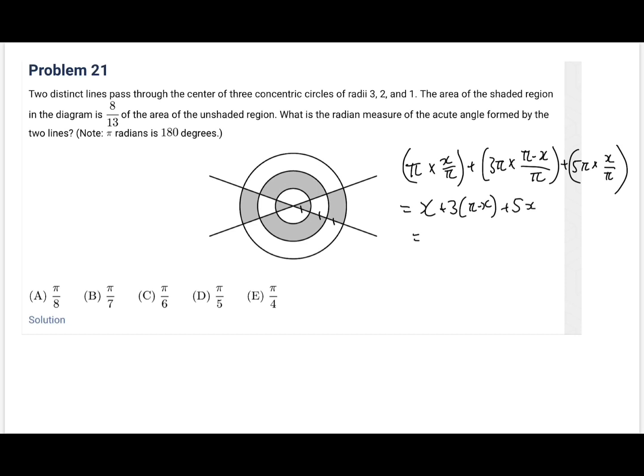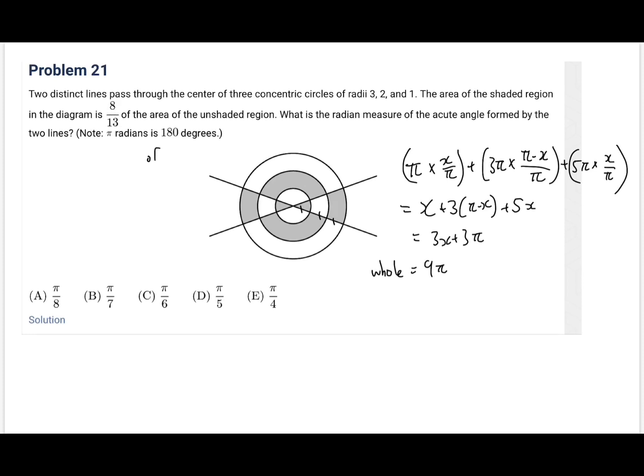This will be 6x, so this is 3x plus 3 pi, and then the whole thing is 9 pi, right? And so it's 8 over 13 of the area of the unshaded region, right?